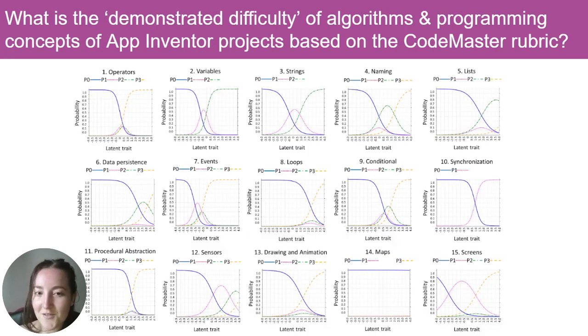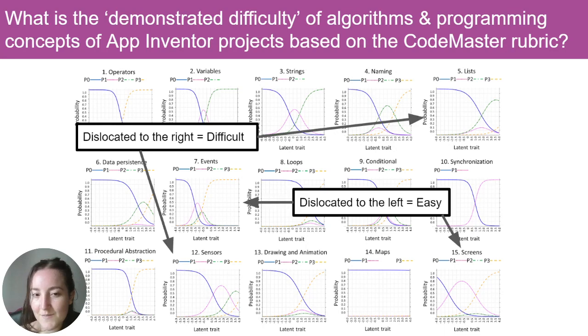While the theoretical range of a latent trait is from negative infinity to positive infinity, for practical considerations, the range of values can be limited from -4 to 4 on the x-axis. Items with low demonstrated difficulty are placed closer to low latent trait values, and high demonstrated difficulty items are placed closer to high latent trait values.